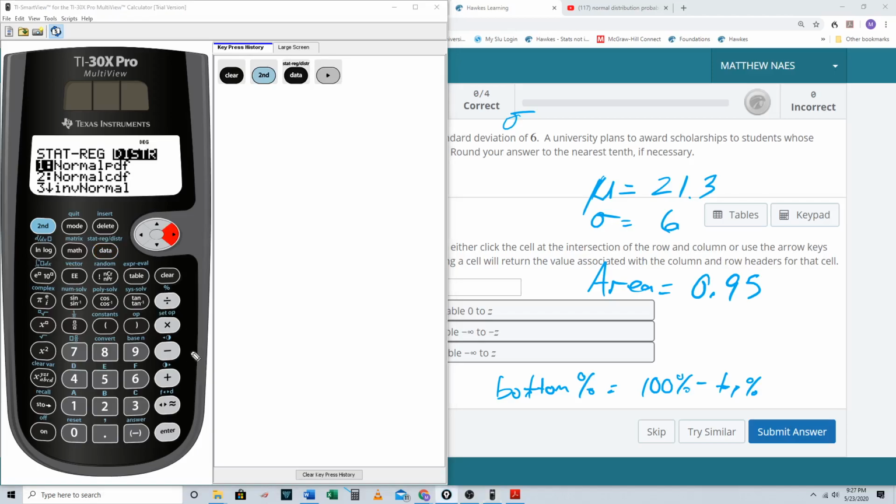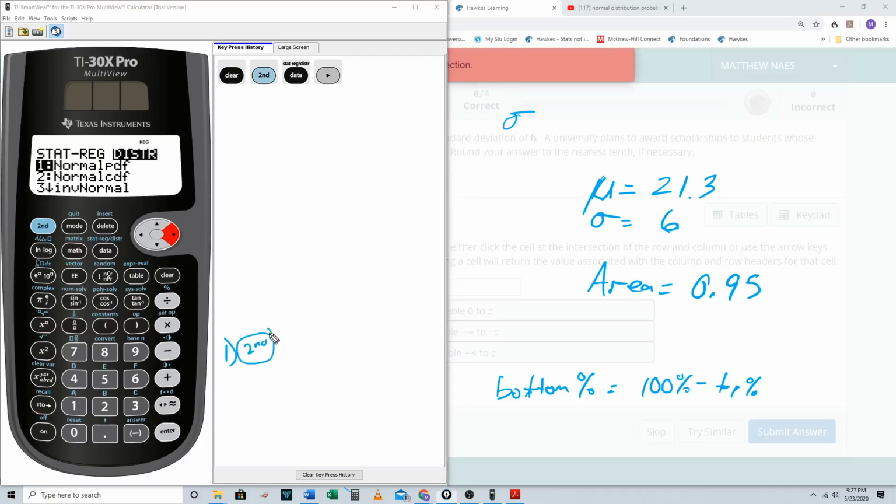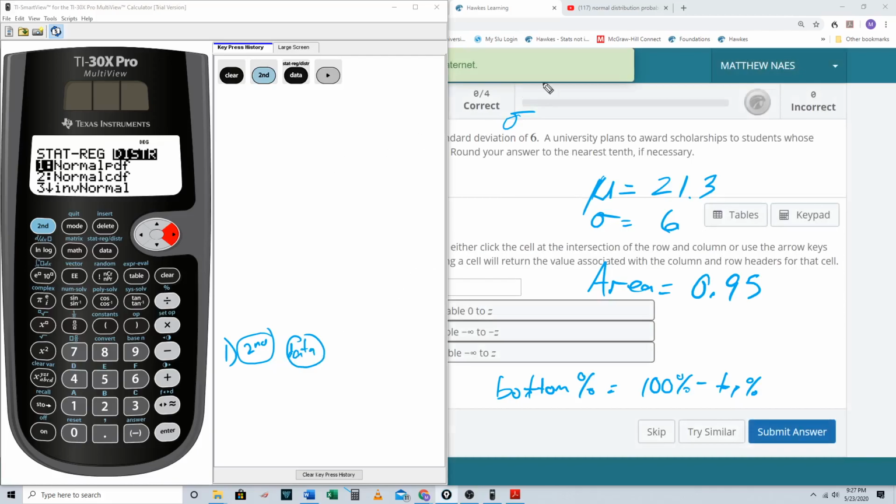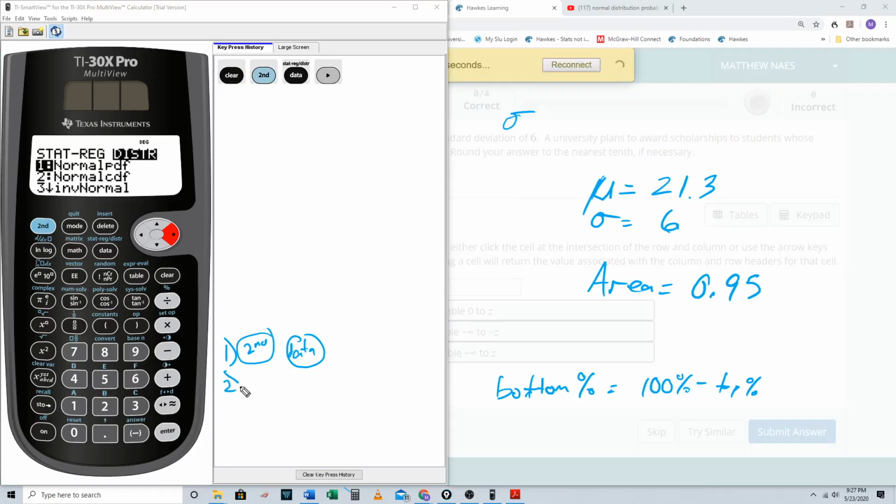Again, second data. And here's reconnecting in. That's my internet. That's it, just my internet. Okay. Go over to DISTR.